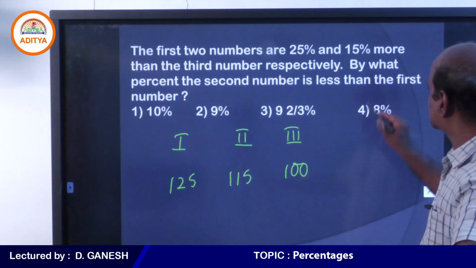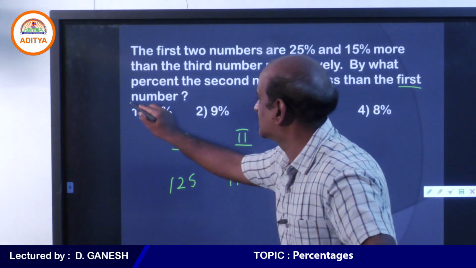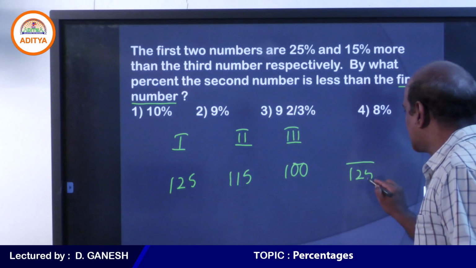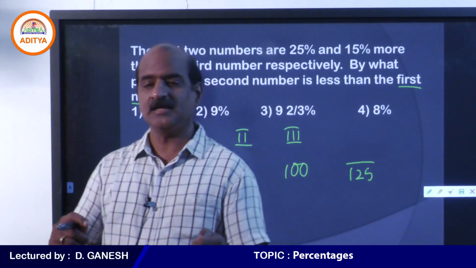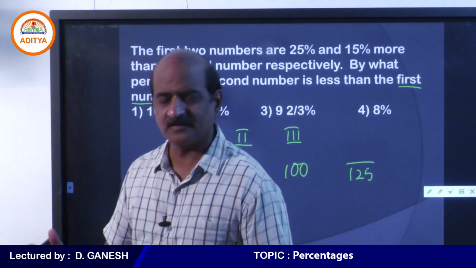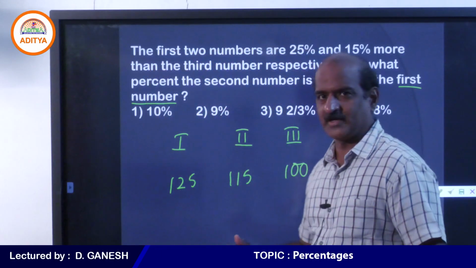Now, the question is, by what percent is the second number less than the first number? Student, we have to take 125 in the denominator. You know why 125 in the denominator? We are comparing with the first number. Therefore, in denominator, we have to take 125.